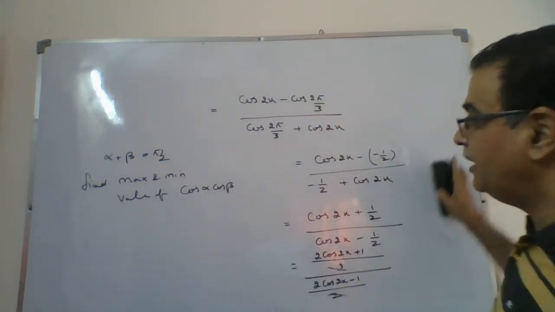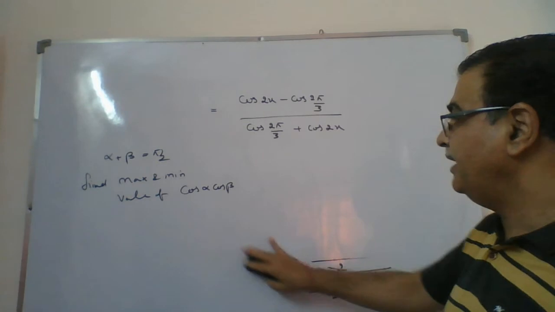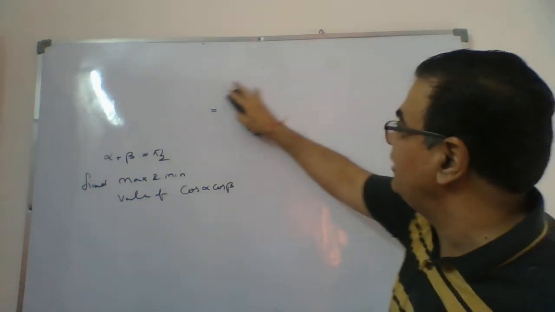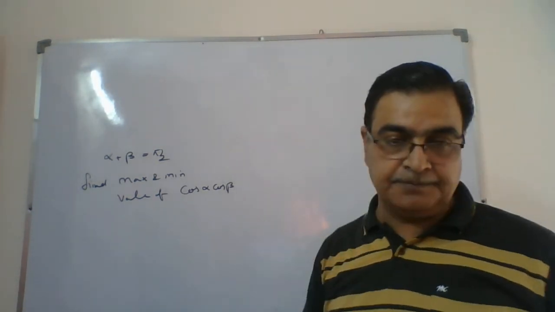This is the question we have. They are asking to find the maximum and minimum value of cos alpha cos beta.